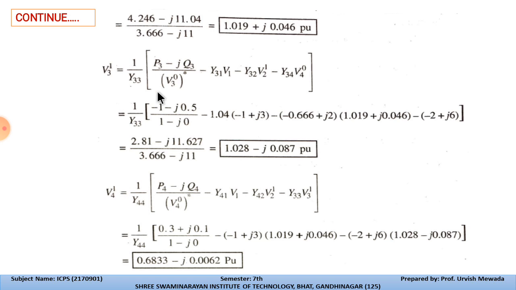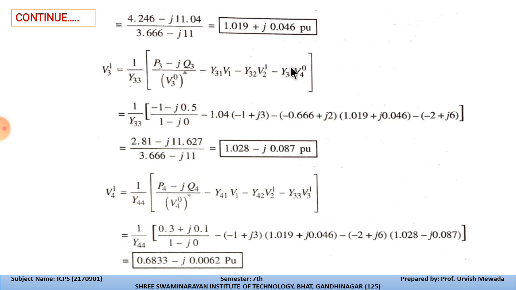The change in the equation is that only the diagonal will become y44, and the active power will become P4 and reactive power will become Q4, and the V30 conjugate that we took for the V31, over here we are going to take the V40 conjugate, and the off diagonal admittances are say Y41, then Y42, and over here that is Y33 V31.